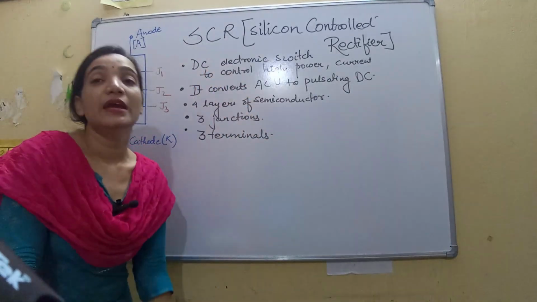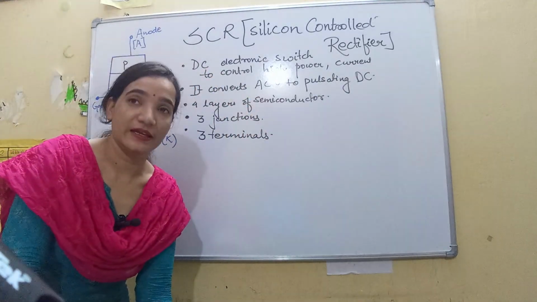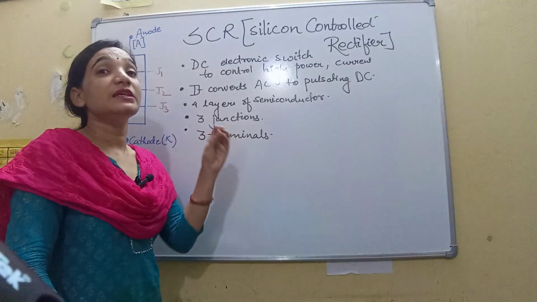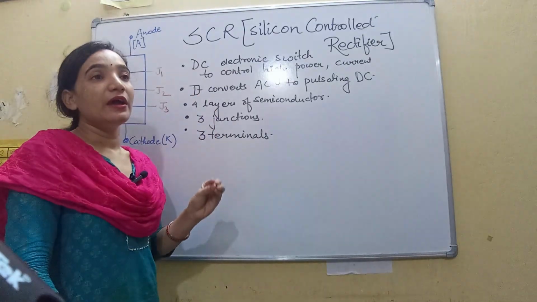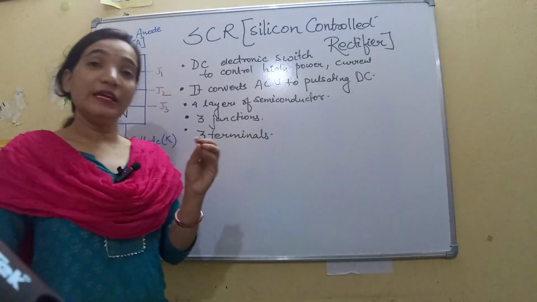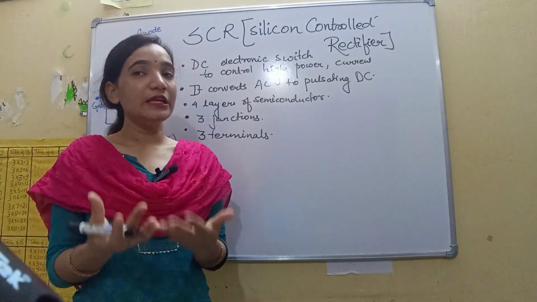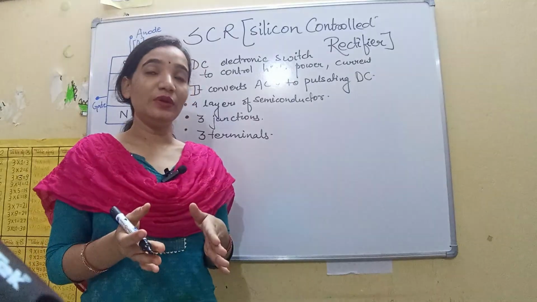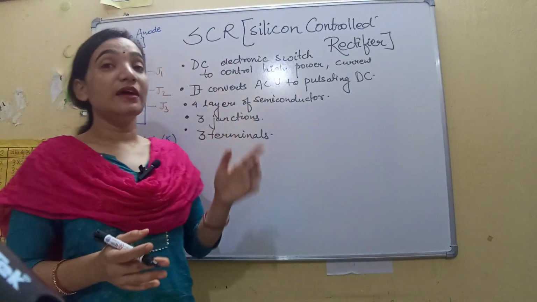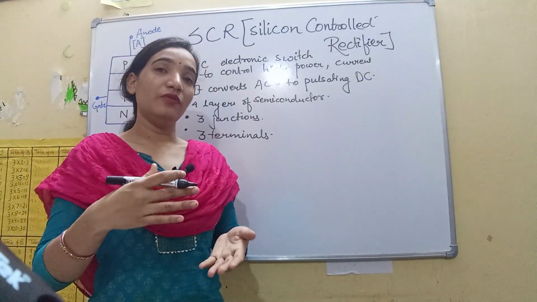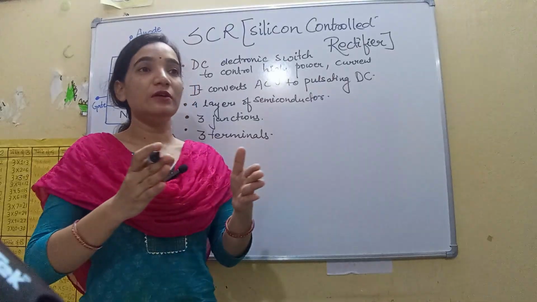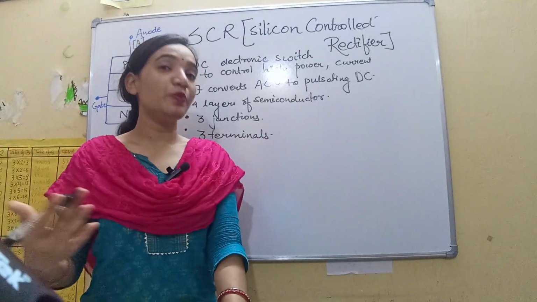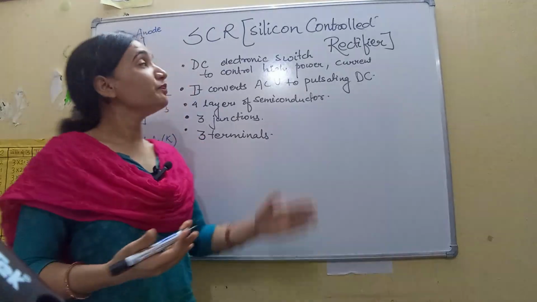Basically we say SCR is a thyristor. We use SCR because it has better control. In a diode, it also acts as a switch, and we can control it. But in a diode, after the knee voltage, the current rises exponentially, right?